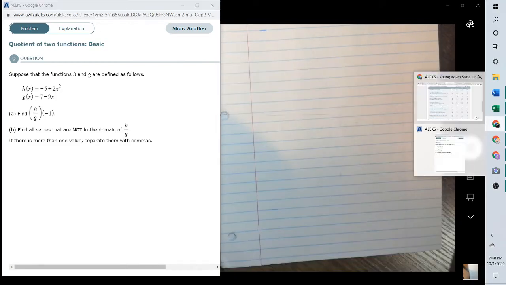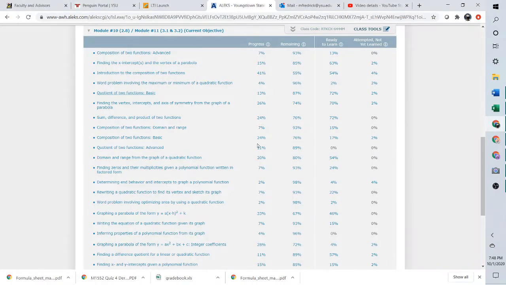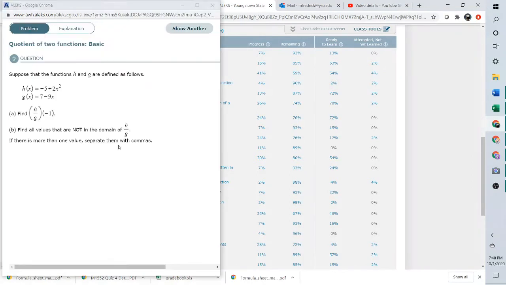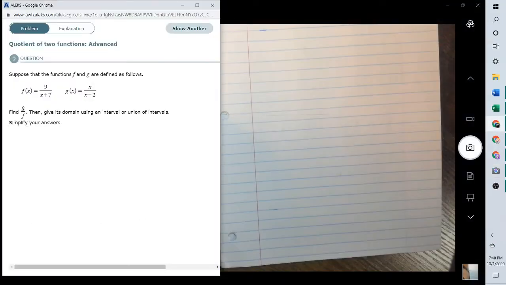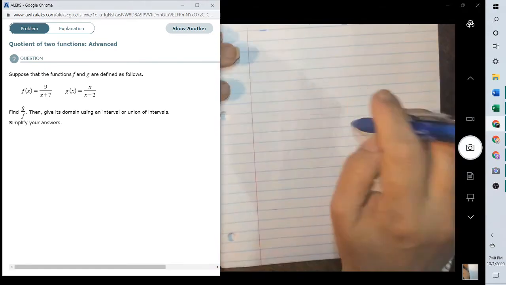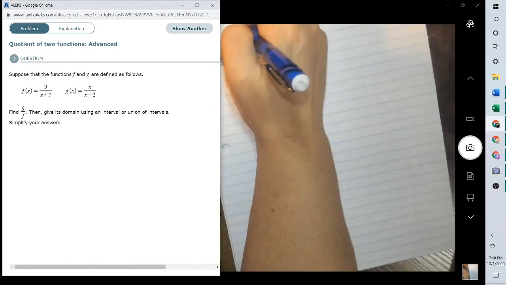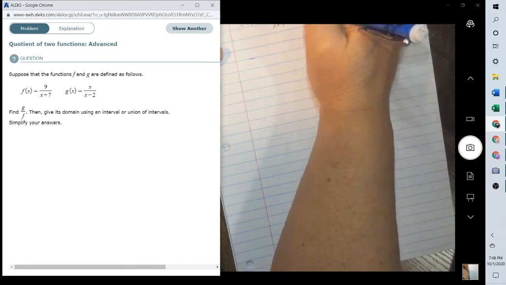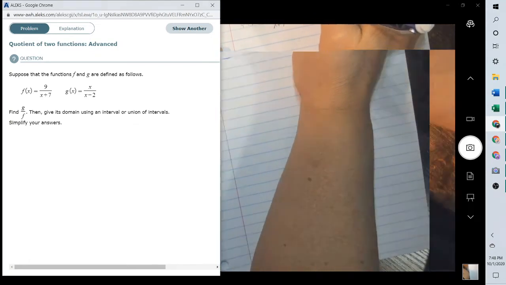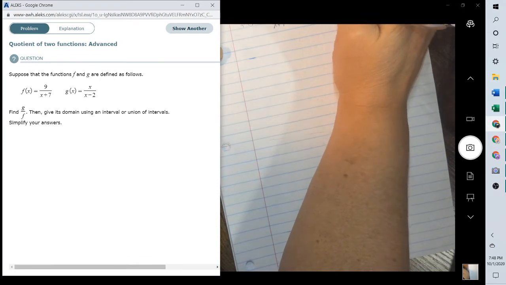The advanced is not very much different. Oh yeah, it is. It has fractions. Quotient. There it is. Okay. So f of x equals 9 over x plus 7, and g of x equals x over x minus 2.